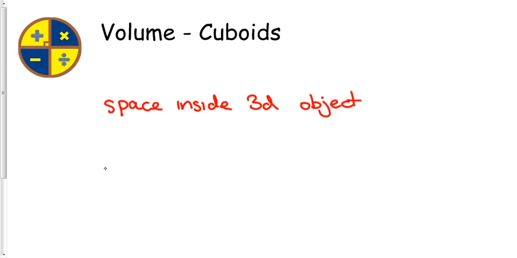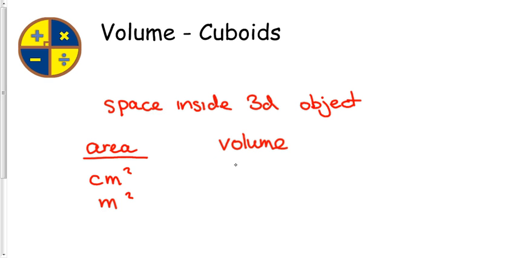Okay, and we remembered that when we had area, we used units like centimeters squared or meters squared. For volume, we talked about centimeters cubed or meters cubed, or sometimes cubic centimeters or cubic meters.